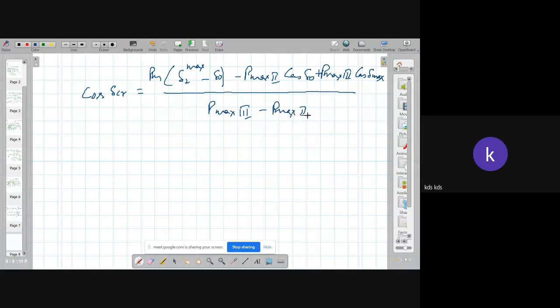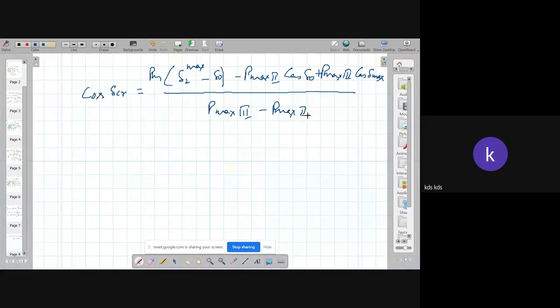Right? So this is the value of delta critical formula, and here one point which is required to be taken care of is that all the values of deltas are required to be taken in terms of radians, not in degrees.